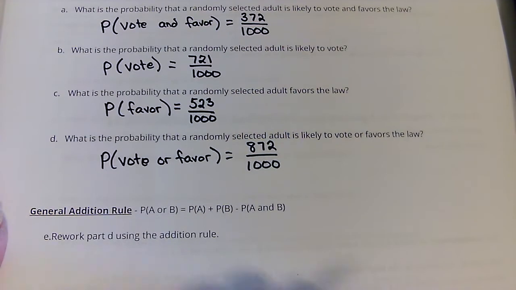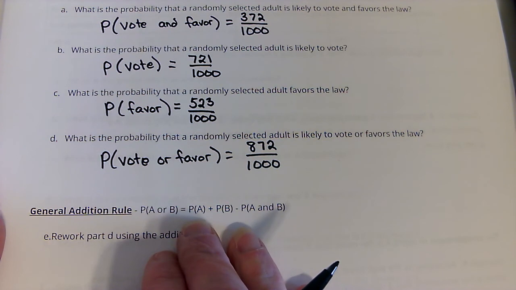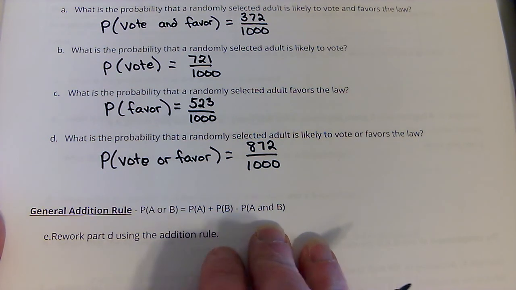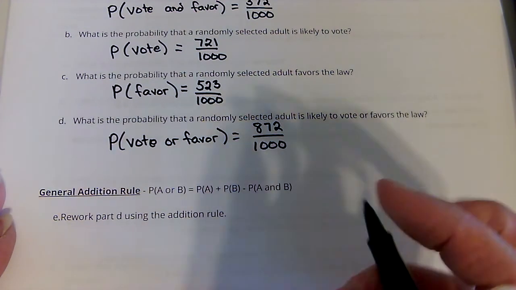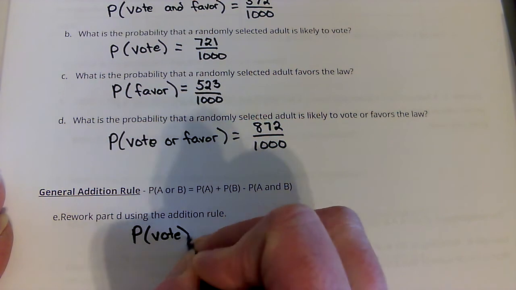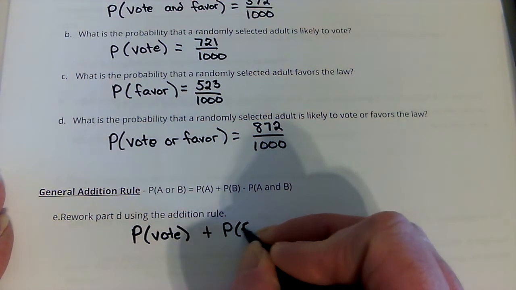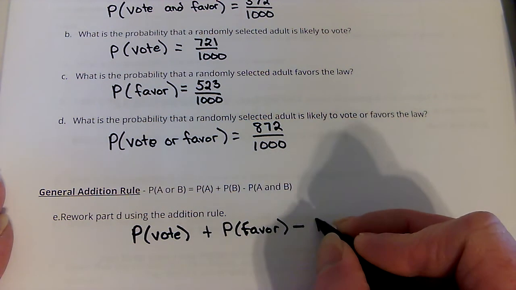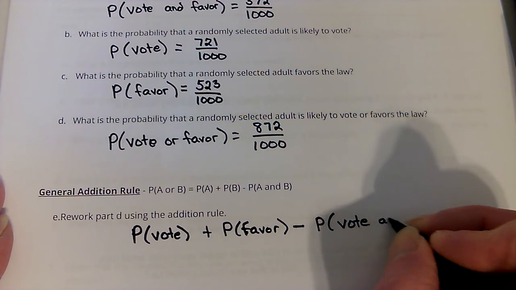Now, what if we did that using that rule that I just mentioned? The probability of A happening plus the probability of B happening minus the probability of both. So the probability of voting plus the probability that they favor, minus the probability that it's both, vote and favor.